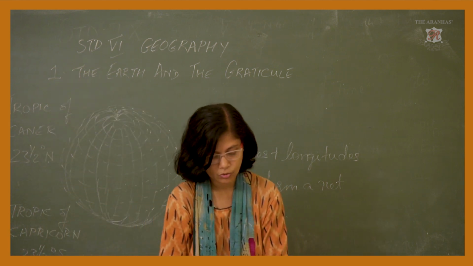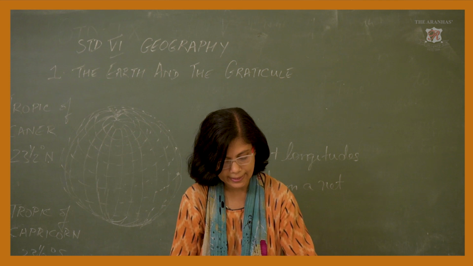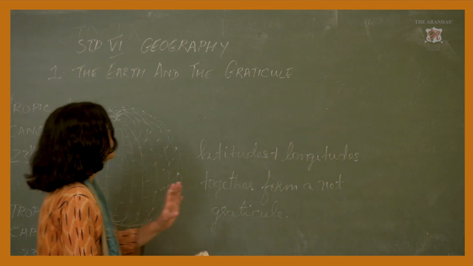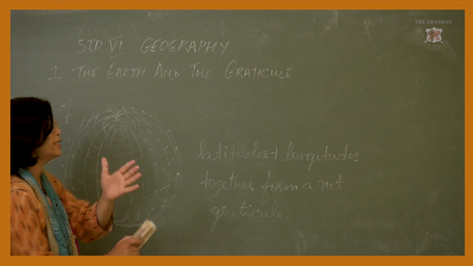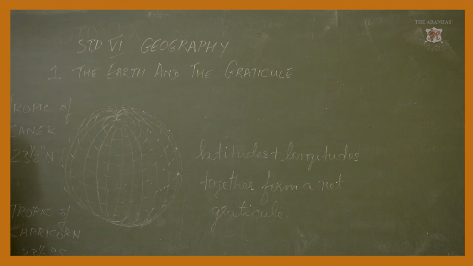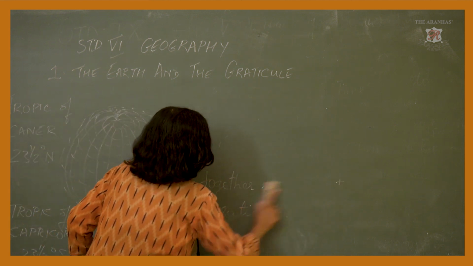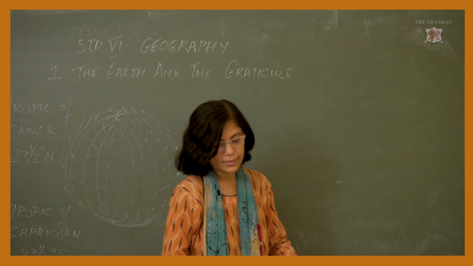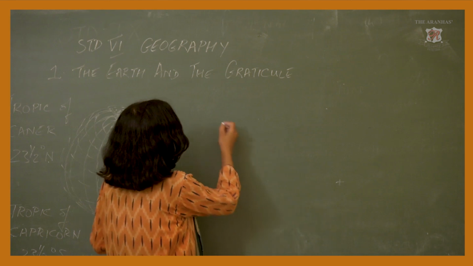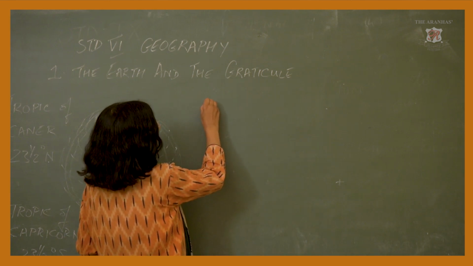So, what we will do now is, we will very quickly try to summarize some main critical features of our parallels of latitudes and the meridians. Let me rub this for you. Just remember these two, Tropic of Cancer and Tropic of Capricorn. So, let us look at the characteristics or the features.